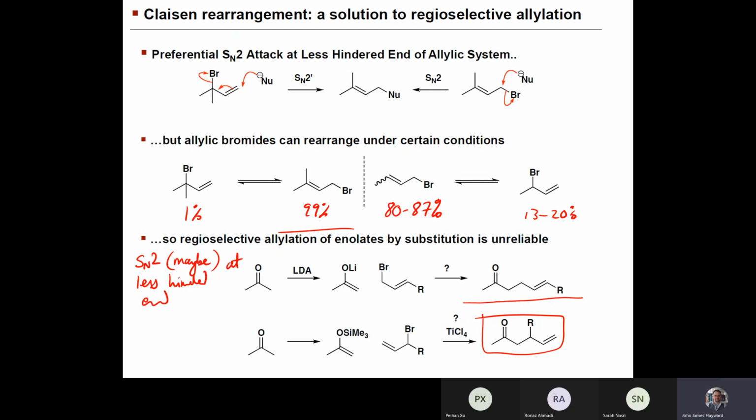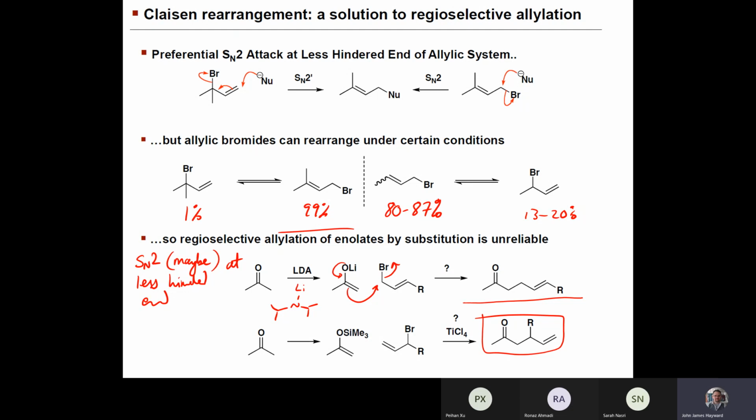So we take our ketone here, acetone. We can use LDA, which is lithium diisopropylamide. And then we could hope that that then does SN2 to give our desired product.